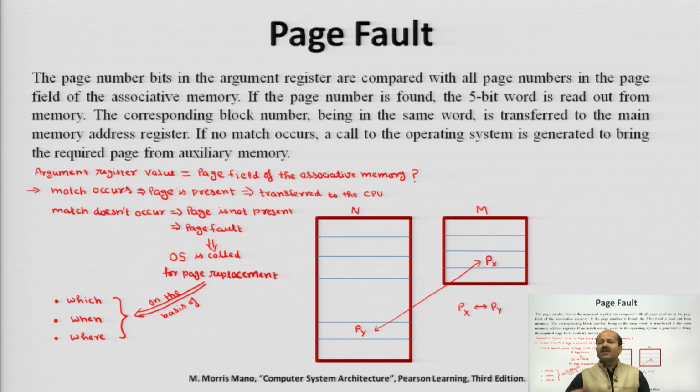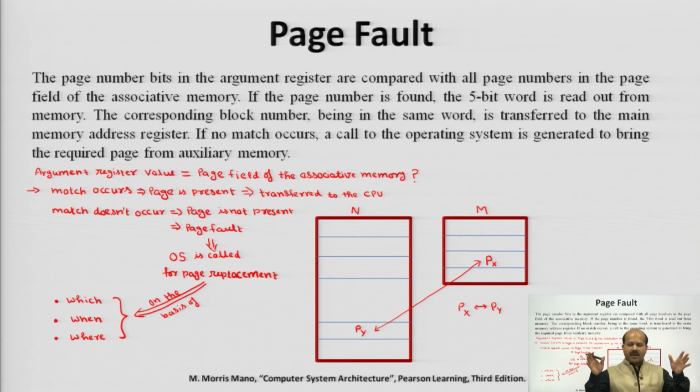So, there is a call to the operating system, and the operating system will manage the particular page which is required or referenced by the processor. If the page is available or a match occurs, then this phenomenon is called a hit, and that page is transferred to the processor from the main memory.